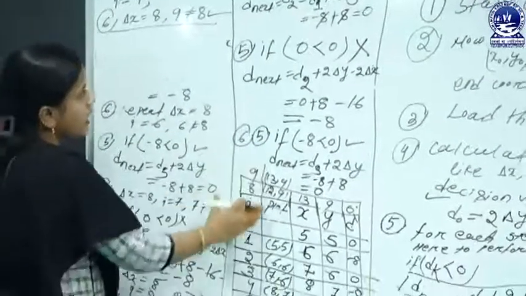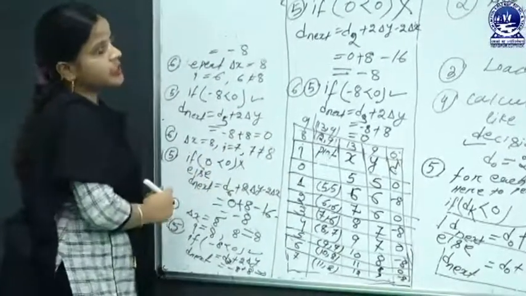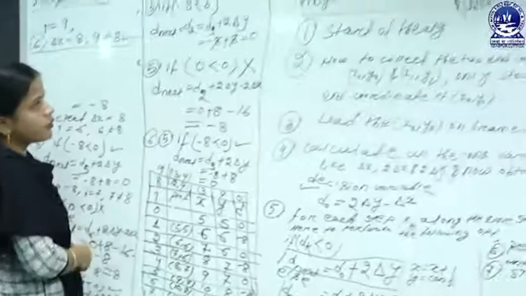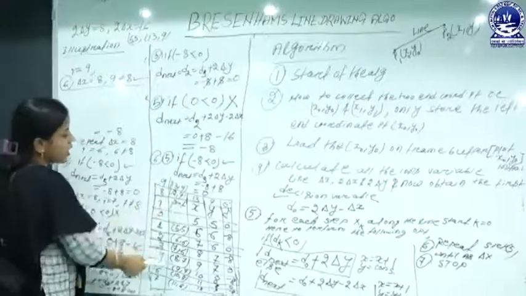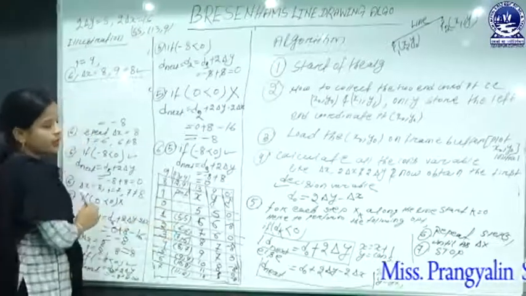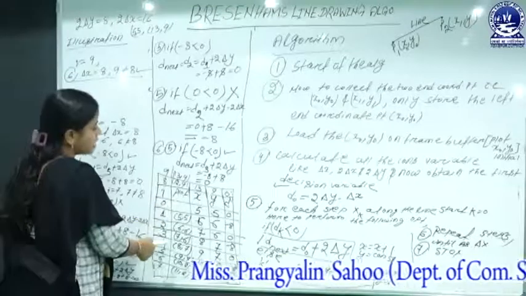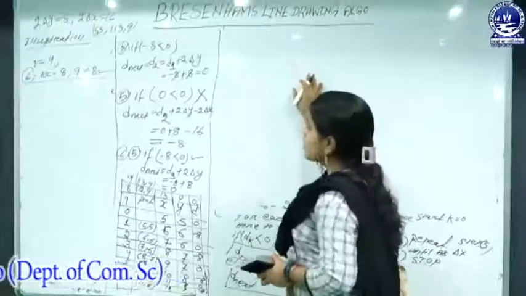So this is the expression for finding all the pixel points by using the decision variable in the case of Bresenham's line drawing algorithm. Now to check how these given pixel points are plotted in a 2D plane. So now we plot all the graphical pixel points on the 2D plane.